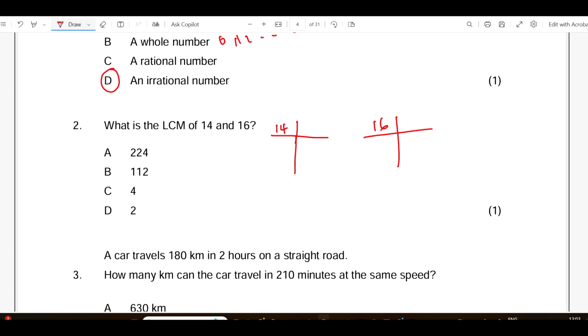Does 2 go into 14? How many times? 7. Does 16 go into 16? These are two prime numbers. We are done with 14.